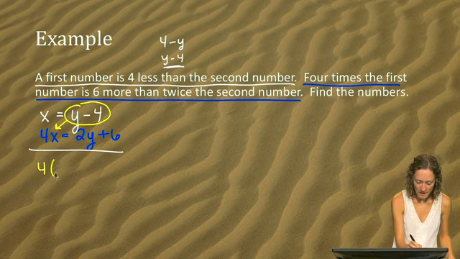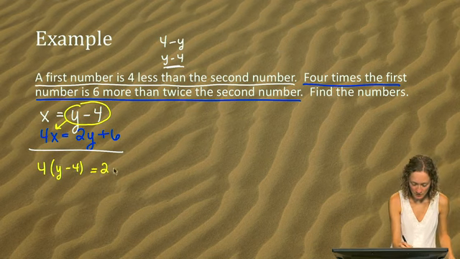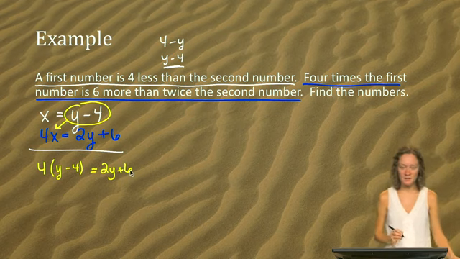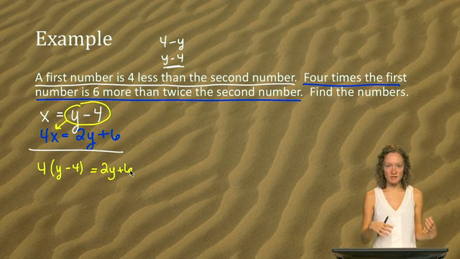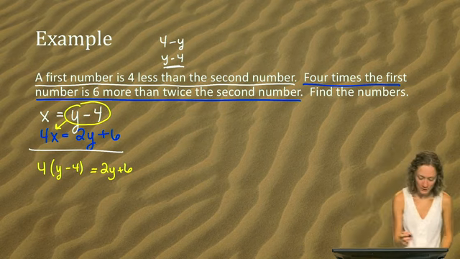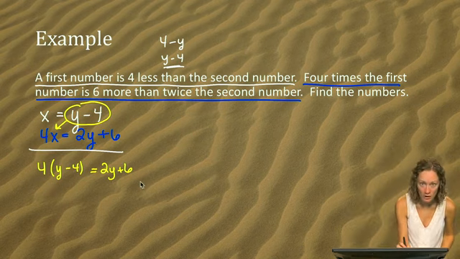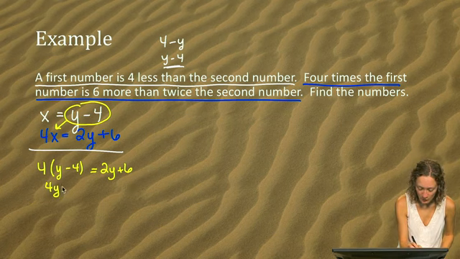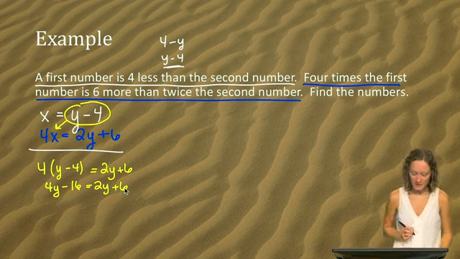So I'll have 4 times, not x, but y minus 4 is equal to 2y plus 6. So with substitution, we substitute in and then solve for the remaining variable. All right, so we'll distribute the 4. This is all y's at this point. 4y minus 16 equals 2y plus 6.